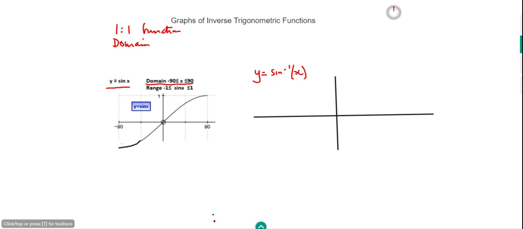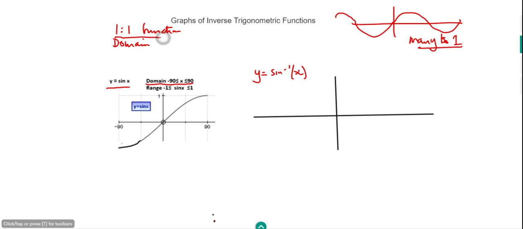If we consider the sine graph usually, without a restricted domain, it would look like this, and in its unrestricted domain it's a many-to-one function. So what we've had to do is reduce the domain so that it's a one-to-one function. So the domain is now minus 90 to plus 90.